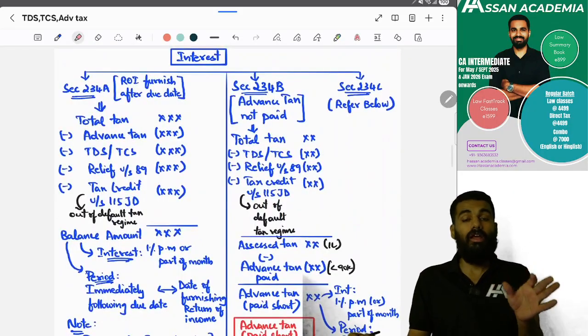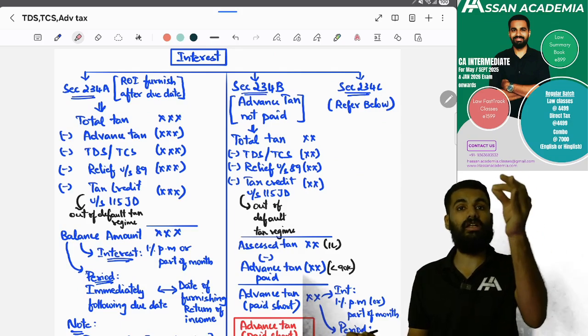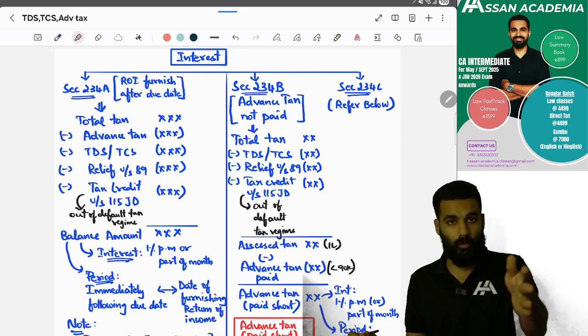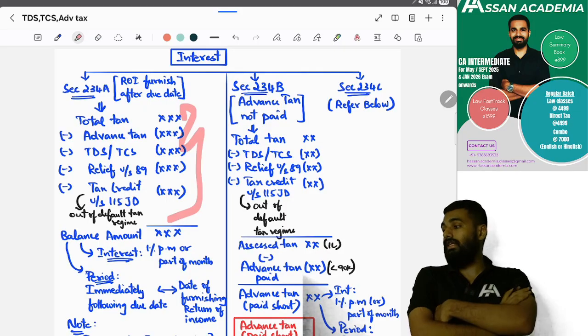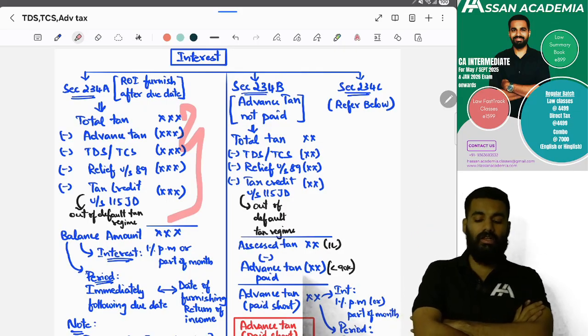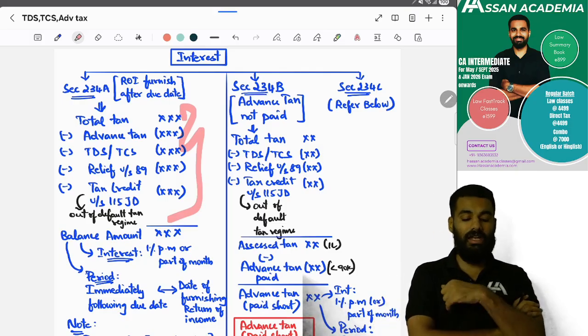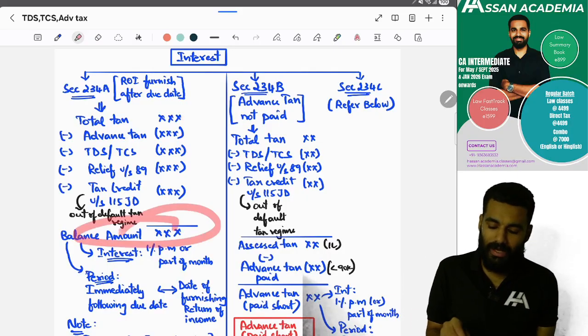Section 234A, if you have not filed return of income within the due date, which is either 31st of July or 31st of October, then what is the tax minus reducing the advance tax, the TDS, TCS, relief under section 89, and AMT credit. After reducing this, what is the balance amount?